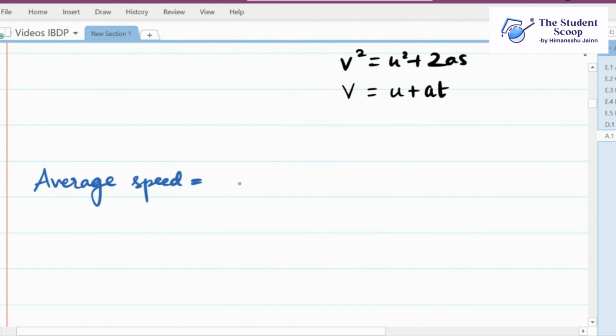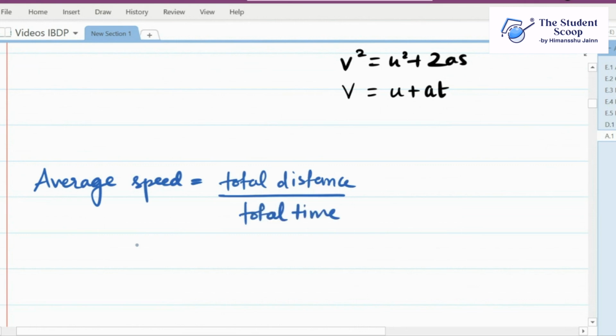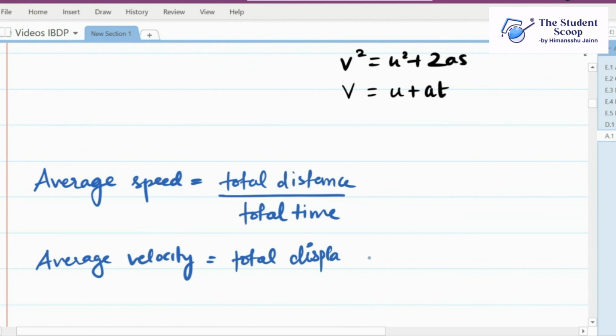Average speed is calculated by taking the total distance traveled by an object over total time, while average velocity can be written as the average change in displacement over total time. Okay.